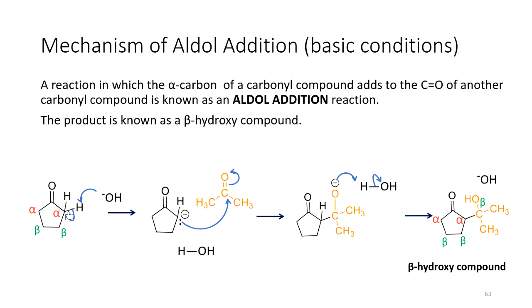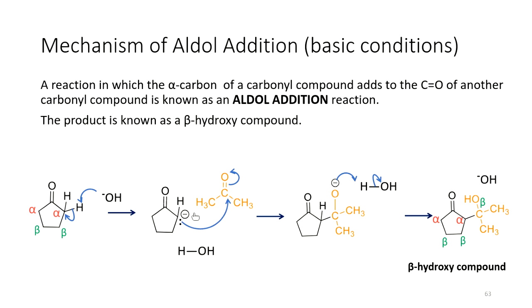The pair of electrons that was in the bond are now going to be on this carbon. This negatively charged carbon is nucleophilic. So it is now donating this pair of electrons to our electrophilic carbon. So we're now forming a bond between this carbon here and this carbon of our reacting ketone.